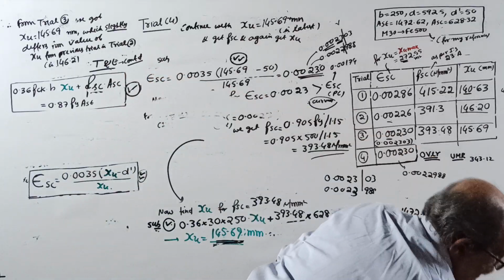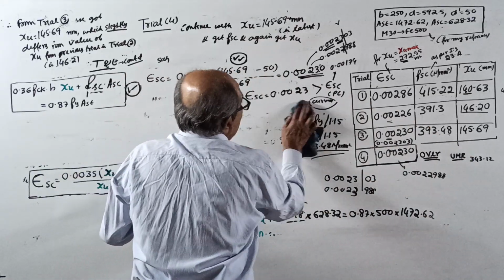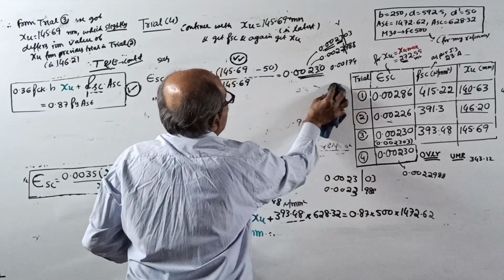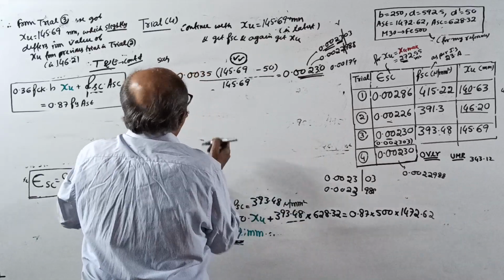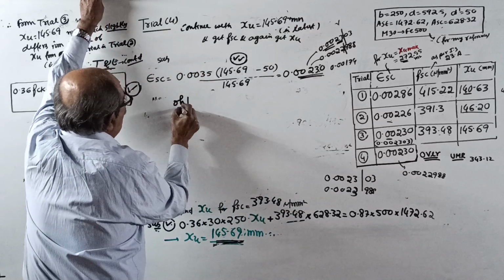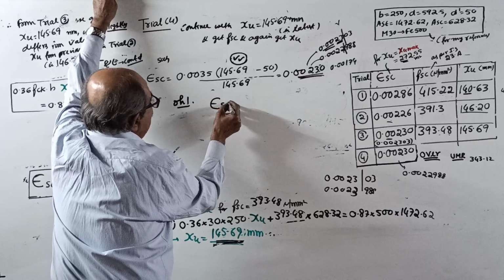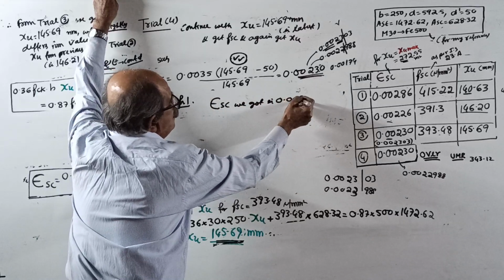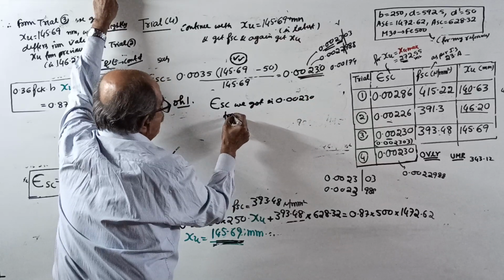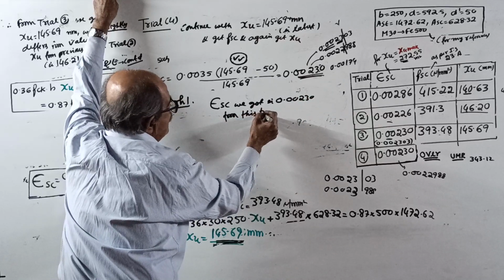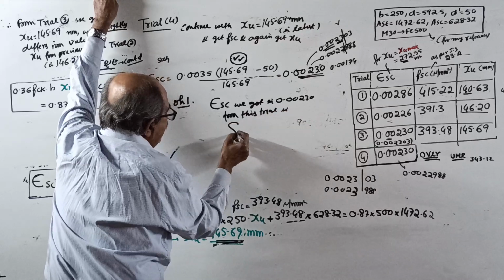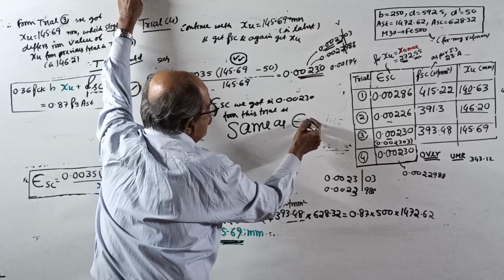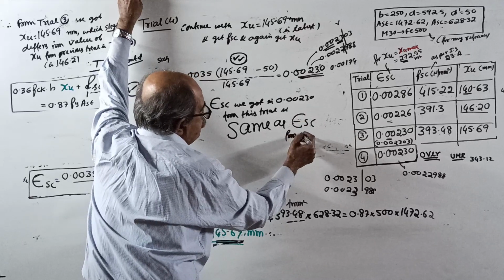Why? Because it is 0.003. Write the answer. The epsilon sc we got from this trial, 0.00230, is the same as epsilon sc from the previous trial.